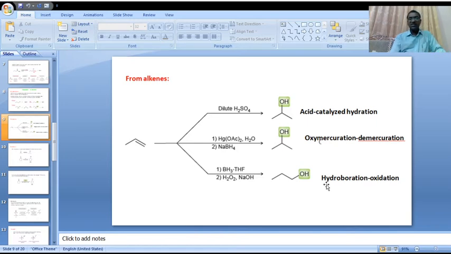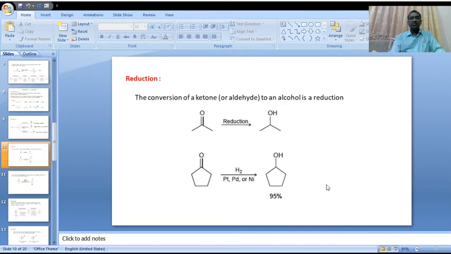Is it clear, all of you? Now let us go to the reduction reaction. The conversion of a ketone or aldehyde to an alcohol is a reduction.